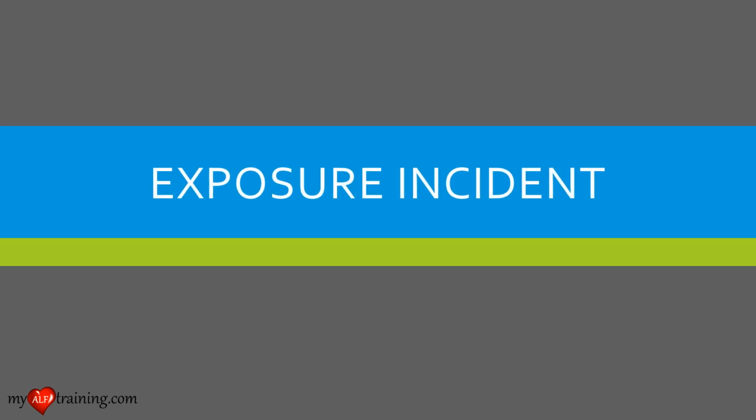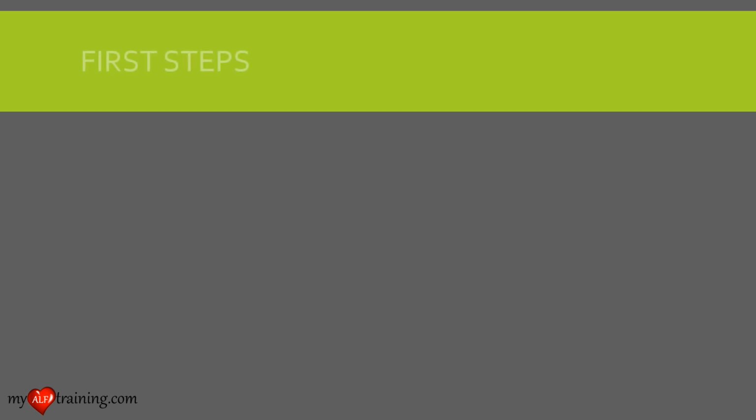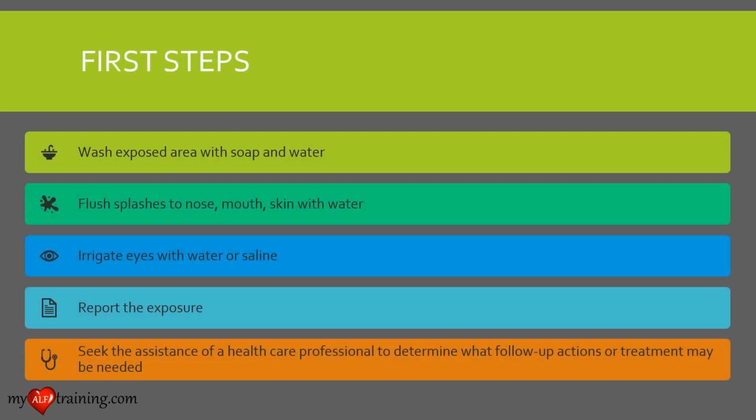Let's talk now about exposure incidents. Should you find yourself in an exposure incident, such as a needle stick or a cut from a scalpel or splashback from an infected fluid, the first step that will be taken is to wash the exposed area with soap and water.